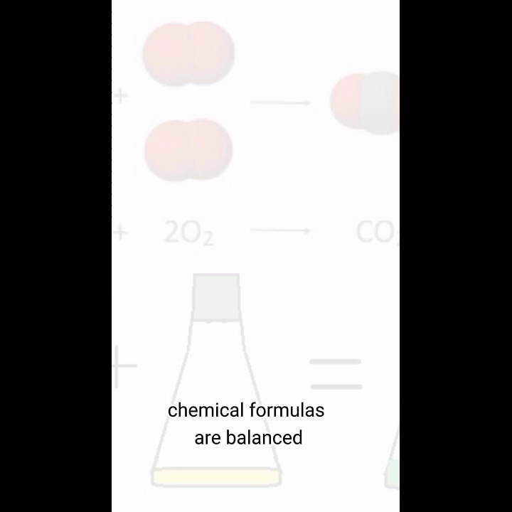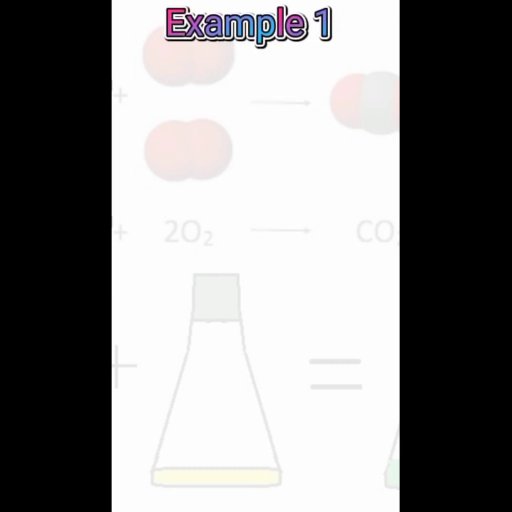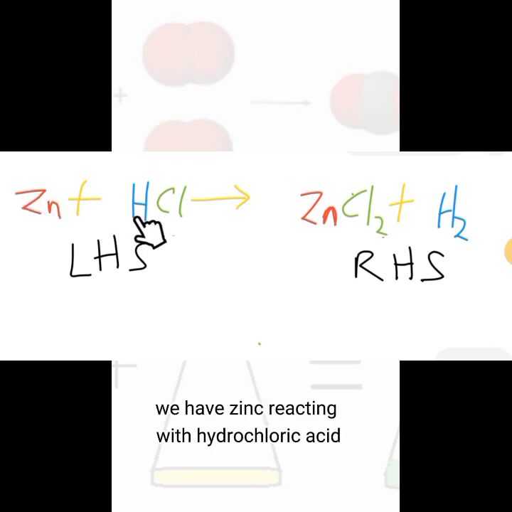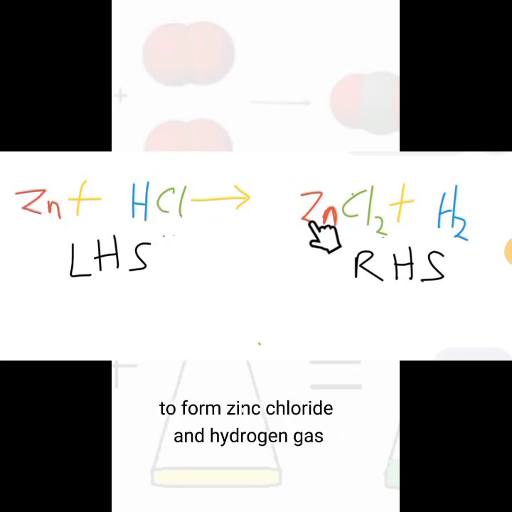Chemical formulas are balanced by placing the right coefficient in front of them. In this example, we have zinc reacting with hydrochloric acid to form zinc chloride and hydrogen gas.